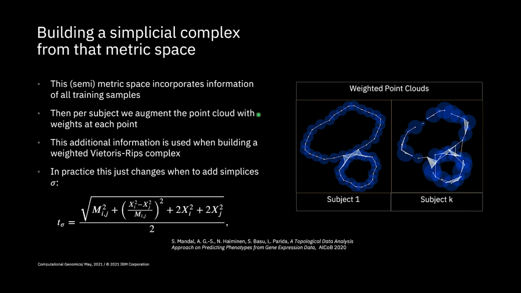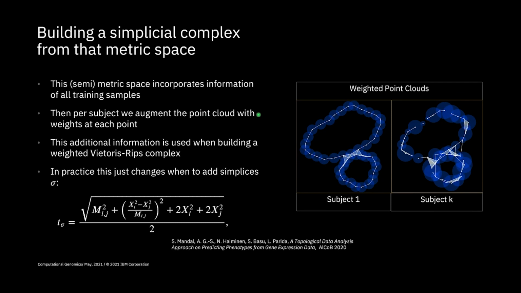Well, okay. So we ended up with this space and this notion of closeness. And the idea we had then was, okay, so we had this point cloud, but that's good and all, what we wanted was a topological signature for each one of the subjects. And so what we did was we augmented this point cloud with weights at each point.